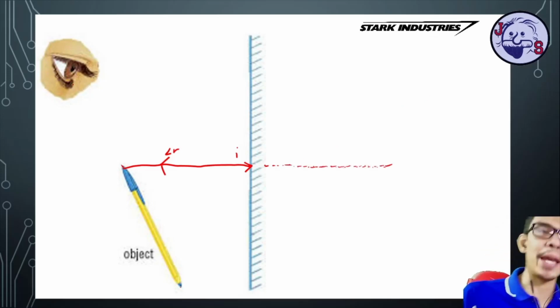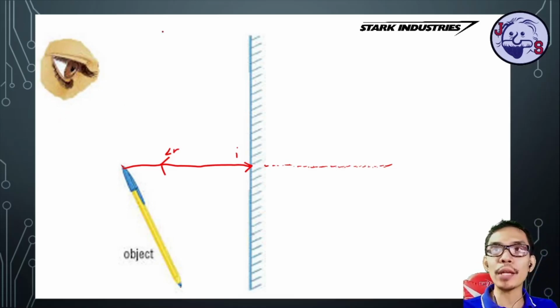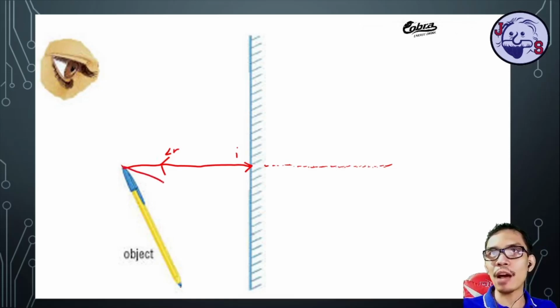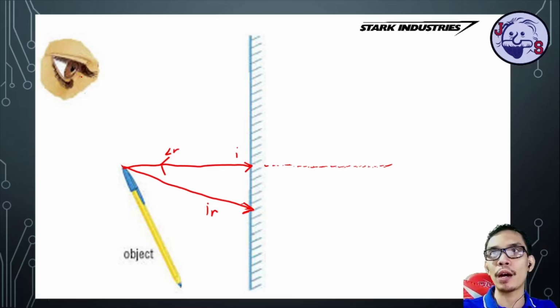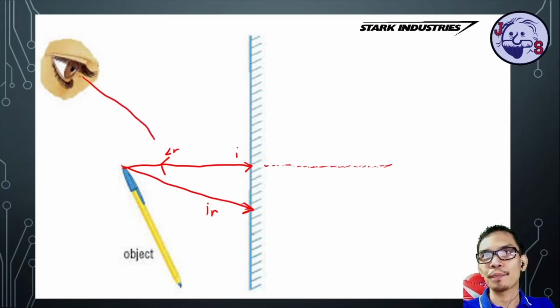How about the eye? Now, I can have a diagonal line here, which serves as the incident ray, and as much as possible, I will try my best to make it go to the eye.